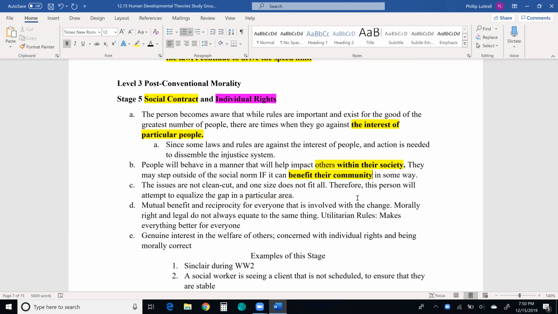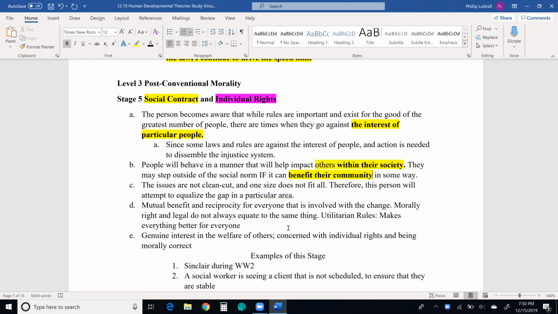But in this particular thing, there is mutual benefit and reciprocity for everyone that is involved within the change, meaning some people are going to benefit from this, but the person that is doing it is also going to benefit in some way. So morally right and legal do not always equate to the same thing. Even though people are going to benefit, not every single person is going to benefit because, again, it's going to equalize the gap.